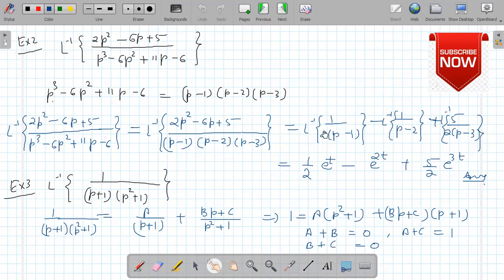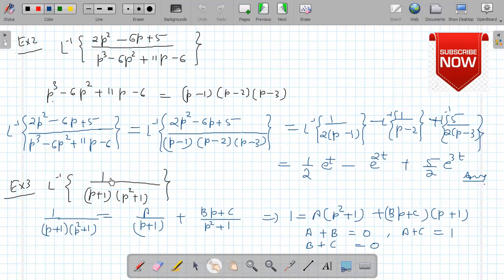We can take this 1 upon 2 outside, so that Laplace inverse of 1 upon (p minus 1) is e raised to the power t. Laplace inverse of 1 upon (p minus 2) is e raised to the power 2t. Laplace inverse of 1 upon (p minus 3), taking 5 upon 2 outside, is e raised to the power 3t. So that is the answer of this problem. Very simple problem and very simple method of finding the inverse Laplace transform.